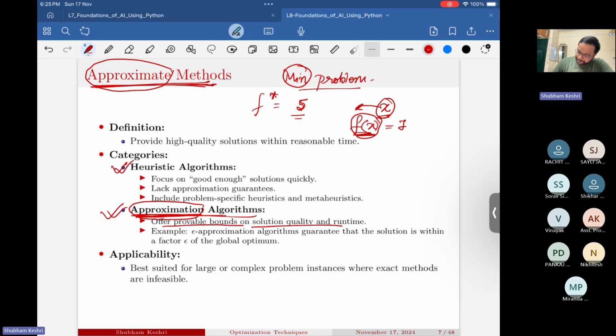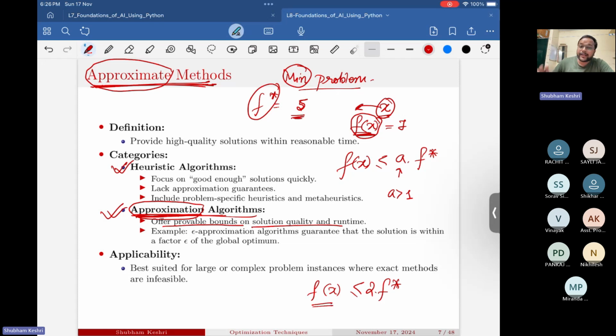Suppose f star is the optimal solution. Then f of x will always be less than or equal to a times f star, where a is some number greater than 1, say 2. So f of x is less than or equal to 2 times f star. Therefore, if f star is 5, you will never get a solution more than 10. You are always guaranteed to get a solution less than or equal to 10. That is what an approximation algorithm is. It will not guarantee optimality. It may be that you have obtained the optimal solution, but you will not know.